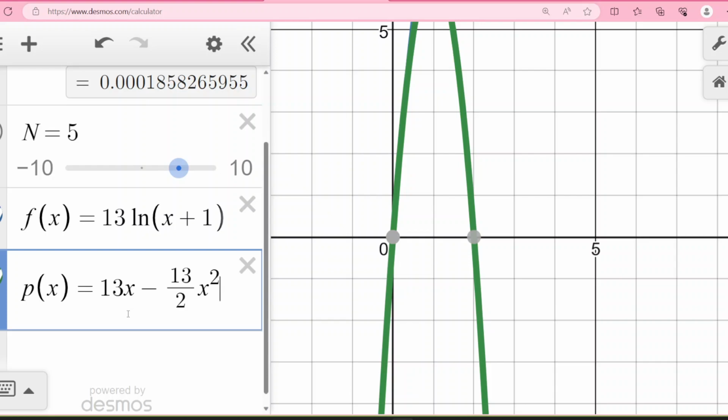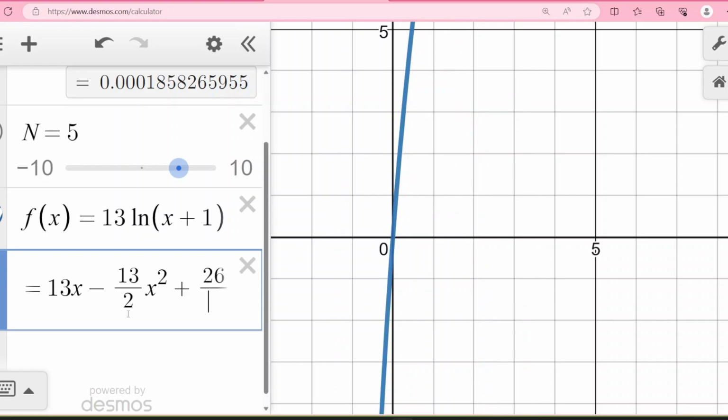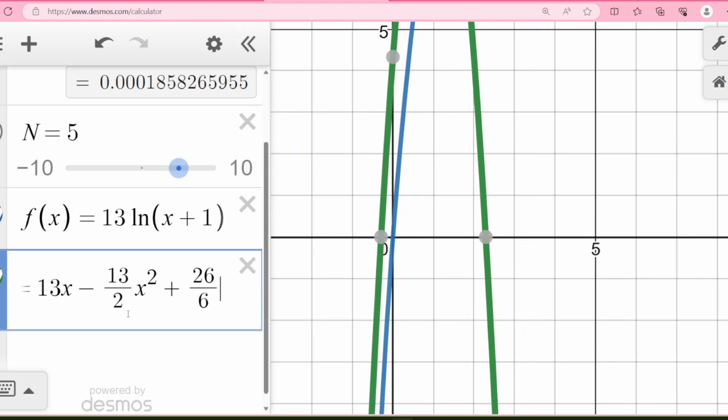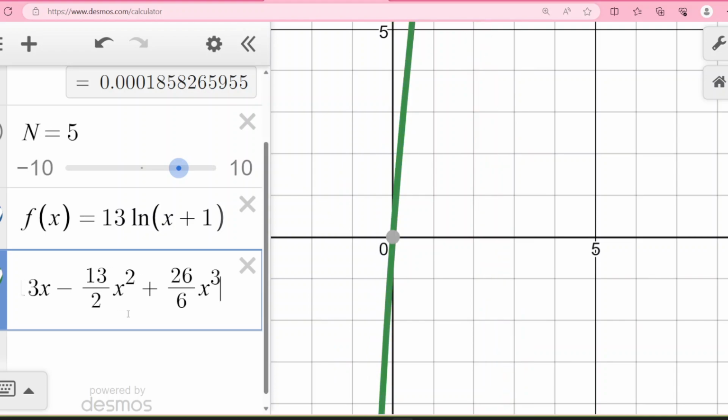And then the value of the third derivative at 0 would be 13 times 2, so plus 26, divided by 3 factorial, divided by 6, times x cubed. And the value of the fourth derivative at 0 would be 26 times 3.